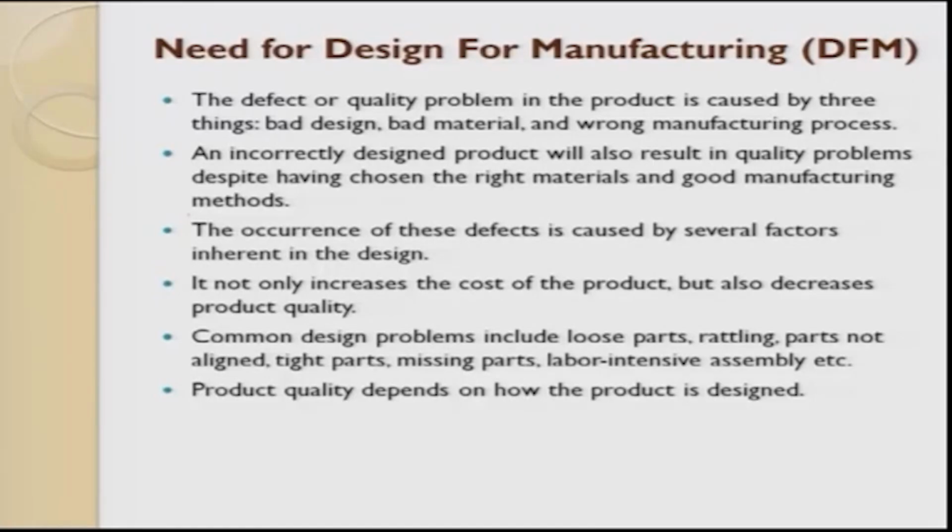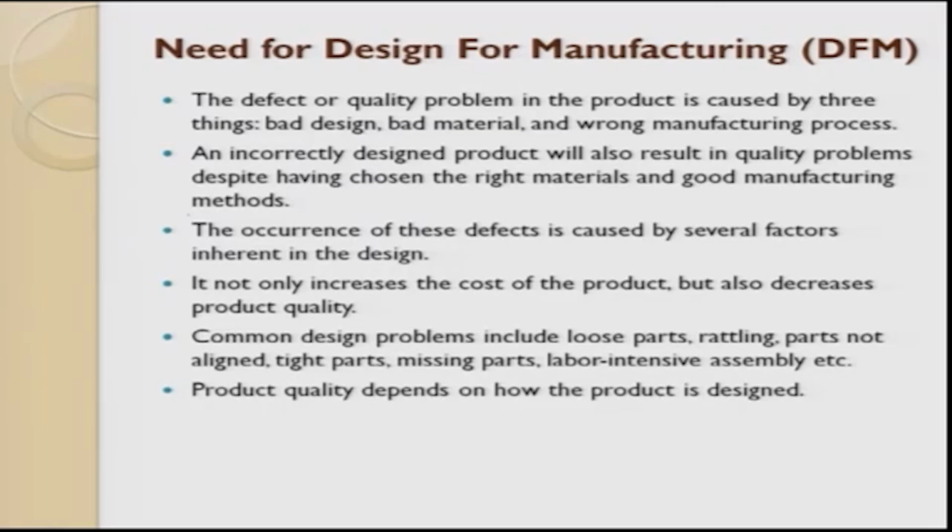So, defects or quality problems in the product are caused by three things: bad design. That is why I kept saying, you understand what the customer wants, you decide the orientation and try to get the best you want. So, bad design, bad material choice and wrong manufacturing process will always lead to a defective or quality-problem product.